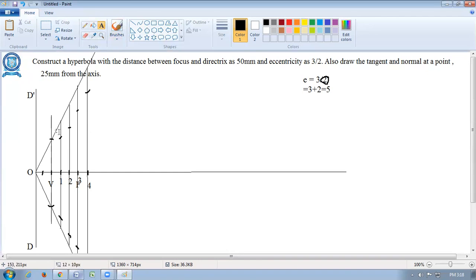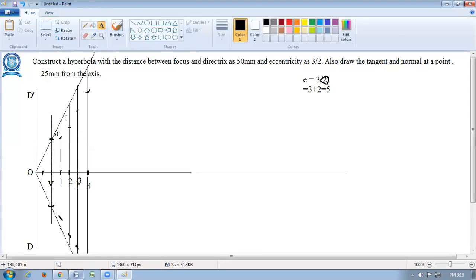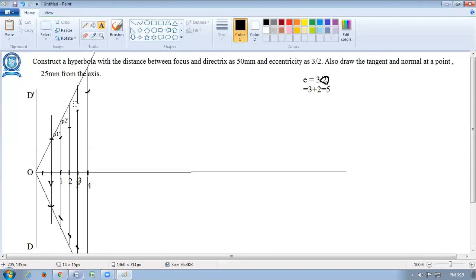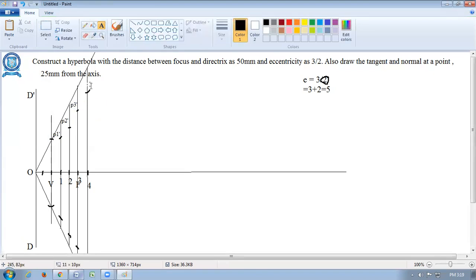Mark the points as P1, P2 dash, P3 dash, P4 dash.